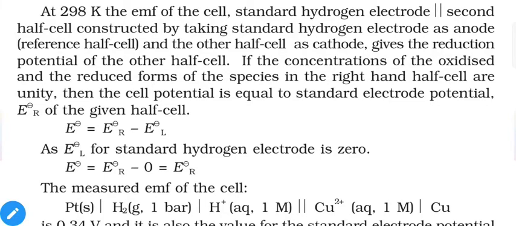If the second half cell has a more reactive metal or non-metal than hydrogen, then it will be the anode and hydrogen will be the cathode. But if hydrogen is more reactive than the other compound, then hydrogen will behave as anode and the other compound will behave as cathode. So we cannot control it. It depends on the second compound.